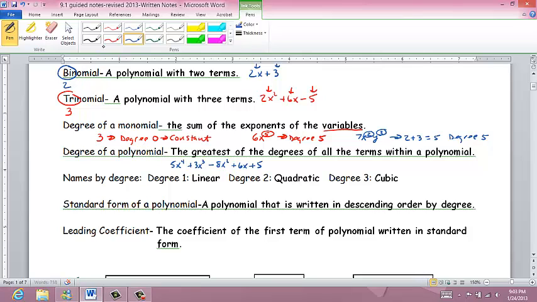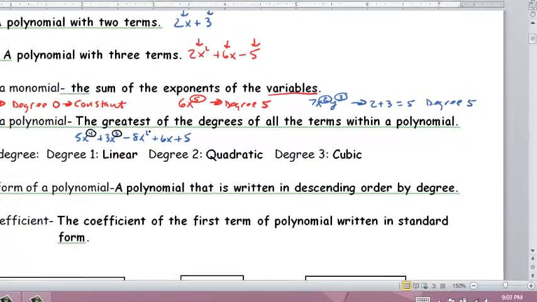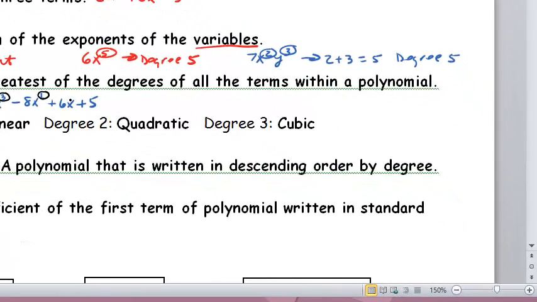When I take the degree of each term, the degree of this term is 4. The degree of this term is 3. The degree of this term is 2. This is 1, and this is constant. Well, the highest degree in this polynomial is 4. Therefore, this is a degree 4 polynomial.